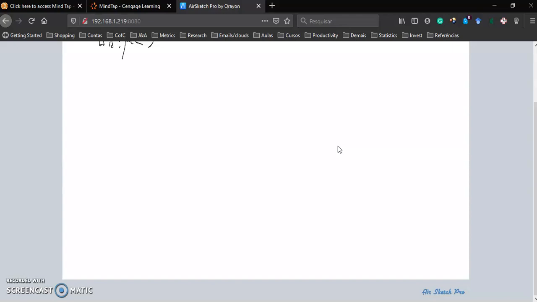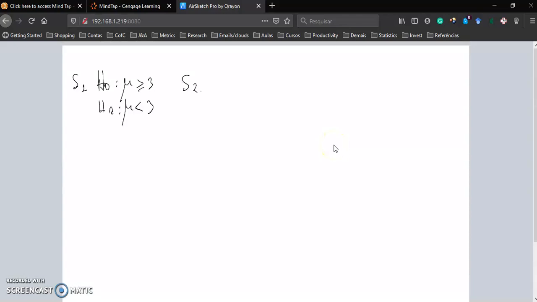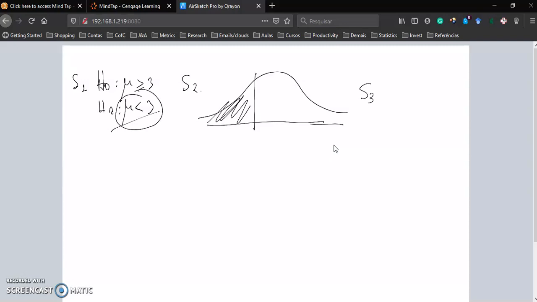So these are the null and alternative, they come from the problem. Step number 2 is determine if it's upper, lower, or which tail. Because it says that this is smaller, it's a lower tail test. Okay. Step number 3, alpha. Alpha is given in the problem.